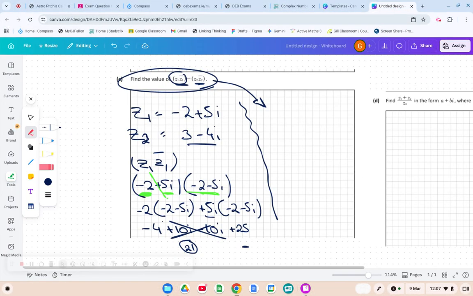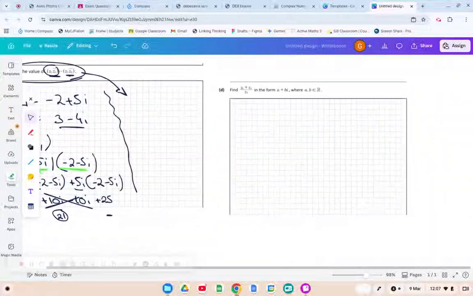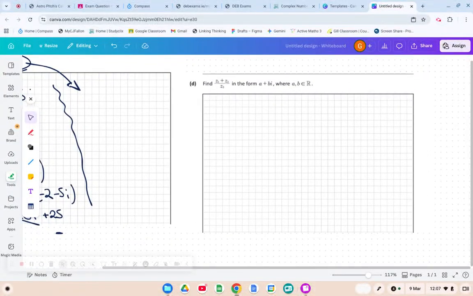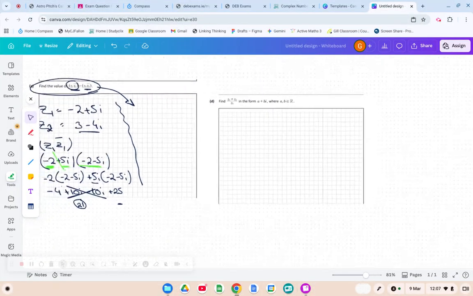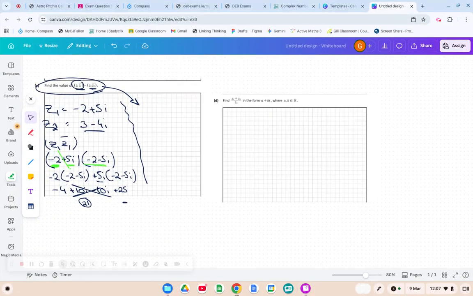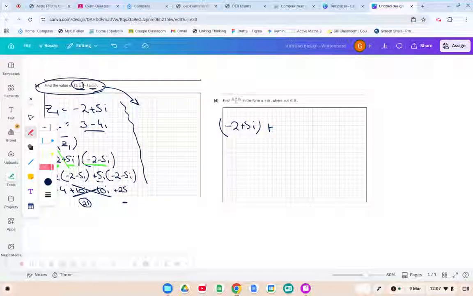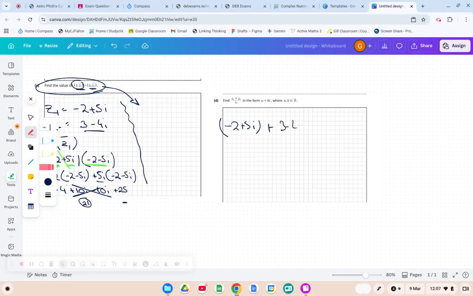More interesting is this one over here. This is Z1 plus Z2. That is Z1, which is minus 2 plus 5i, plus Z2, which is 3 minus 4i, on top.